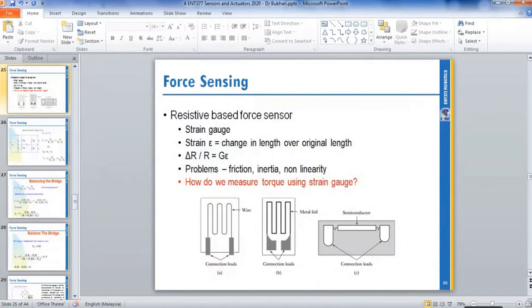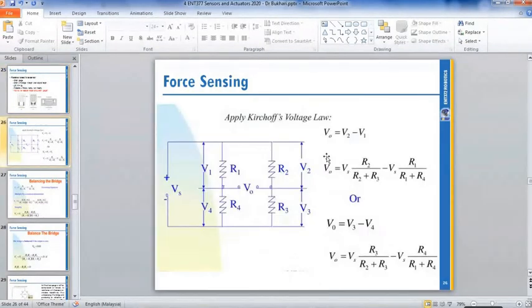This is how we connect our strain gauge, and this is how we calculate it. It's still a voltage divider concept, but you have 2 points.